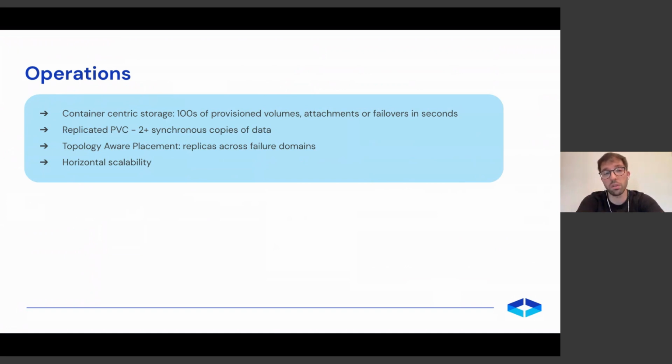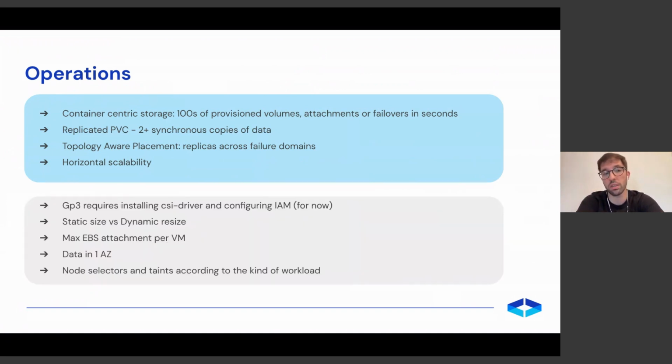But what about the more difficult things, or the things that we need to be careful with? We compared GP3 and GP2 before, and I think for containers, GP3 is a much better option. GP2 being burstable is very problematic for containers, and you have IOPS per gigabyte in terms of performance.